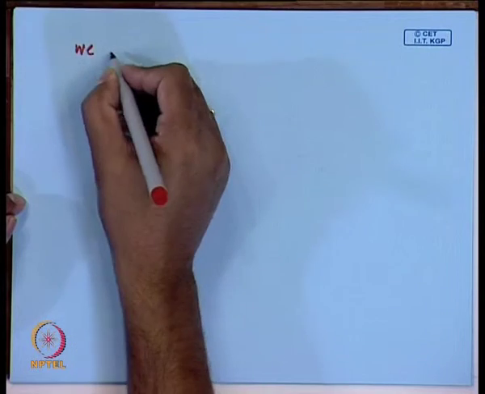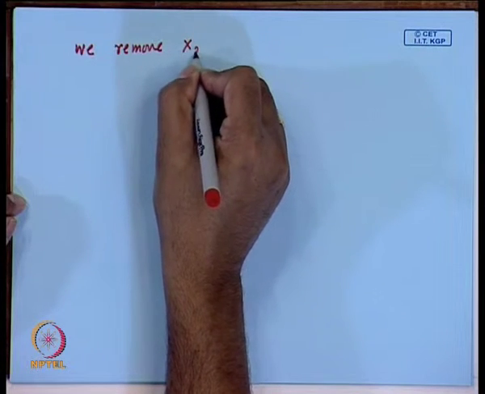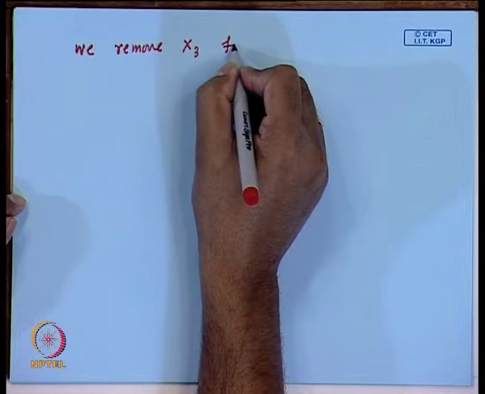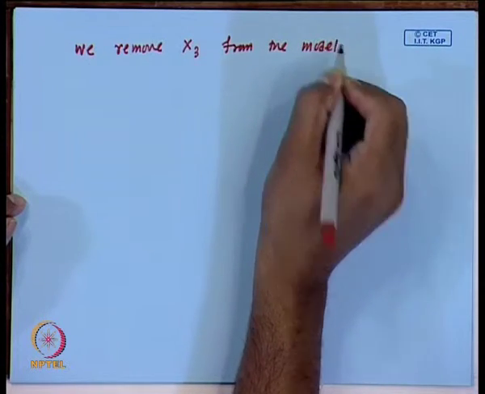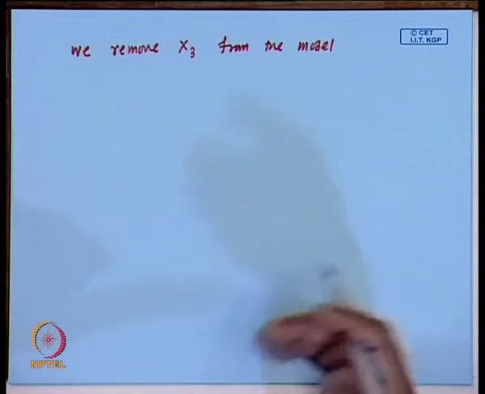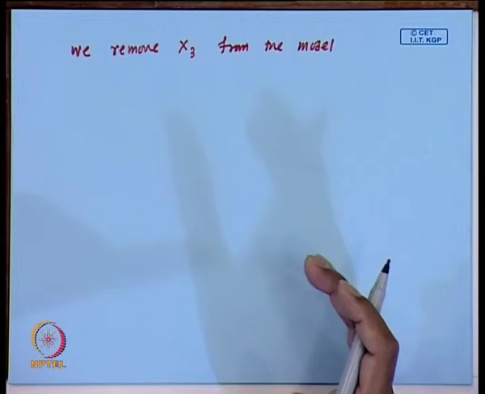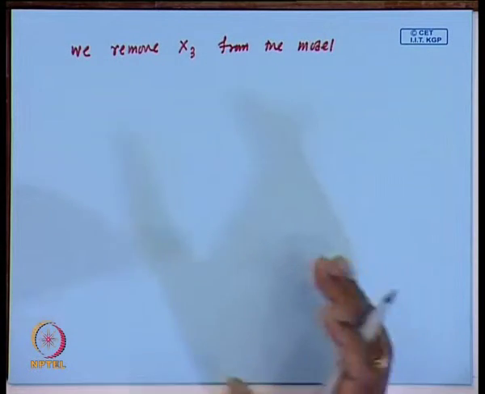So, we remove x3 from the model. Now, what we do is that once x3 is removed from the model, we are left with x1, x2 and x4. So, we fit a model between the response variable and x1, x2 and x4, right.